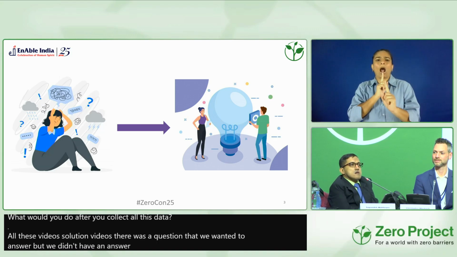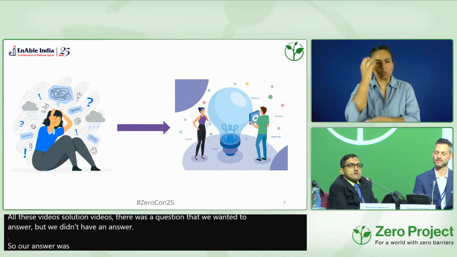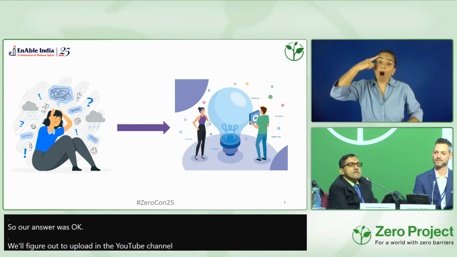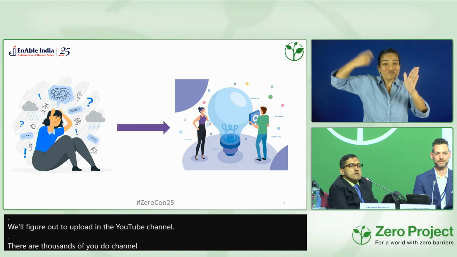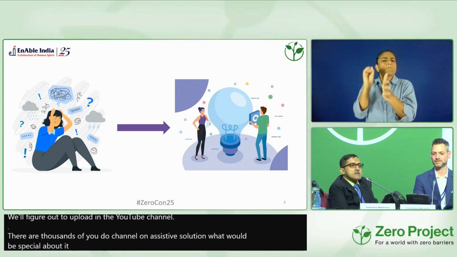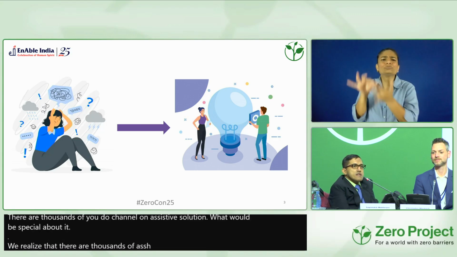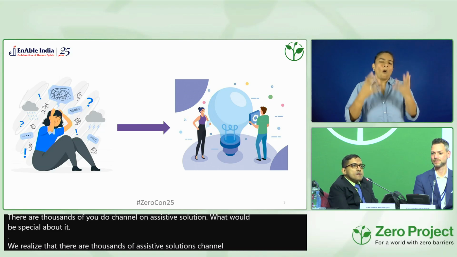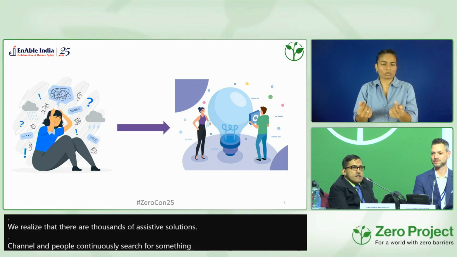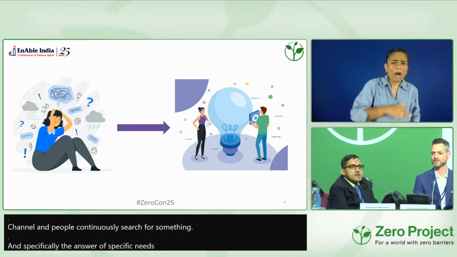So our answer was that, okay, we'll figure out to upload in the YouTube channel. There are thousands of YouTube channels on assistive solutions. What would be special about it? We realized that there are thousands of assistive solution channels, and people continuously search for something, and the answer to specific needs is not getting obtained.